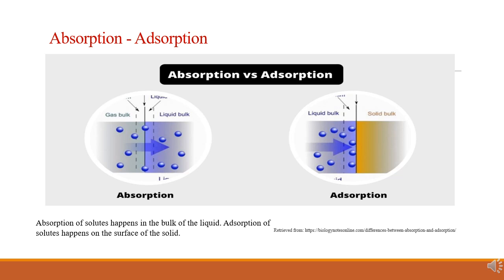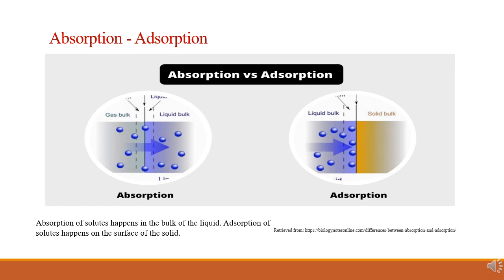What about key features? A phase change process. A common example is carbon dioxide dissolving into water, forming carbonic acid. Another example is gas absorption, where gases like ammonia and sulfur dioxide are absorbed by a liquid solvent.